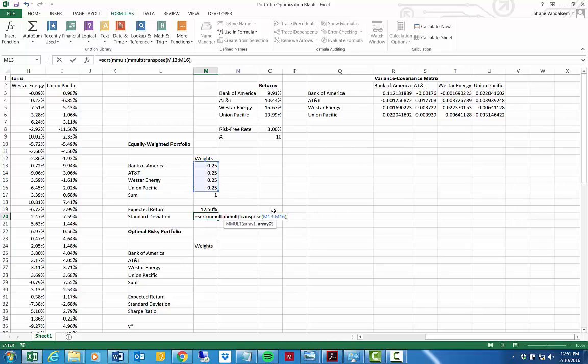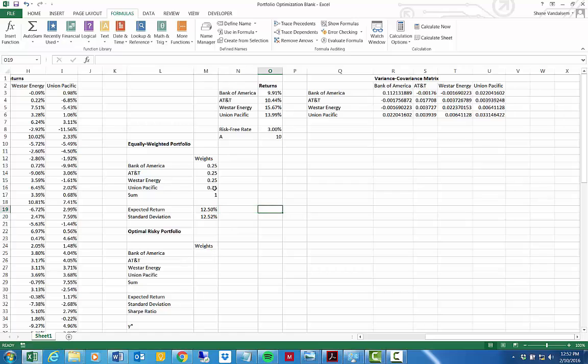Then we're going to multiply those transposed weights by our variance covariance matrix, close parentheses, comma, and then we're multiplying the product of these two again by the weights, but we don't transpose them this time because we're going for that one by one matrix, that singular number at the end, close parentheses, two close parentheses, then hold down Control Shift and Enter, and I get 12.52% for the standard deviation.